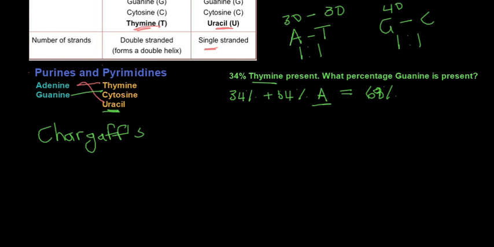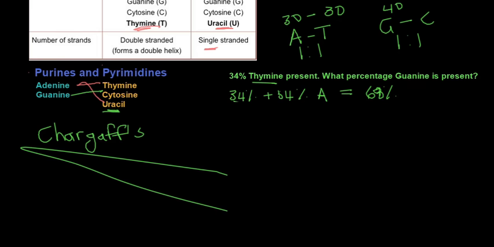Now they want to know what percentage guanine is there. So guanine and cytosine would be the rest, the leftover. So you could say 100 minus 68, because that is what the percentage is of those two, and that should give you, oops, don't know what happened there.